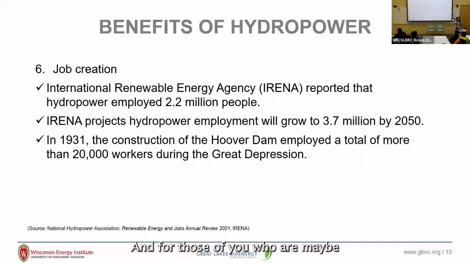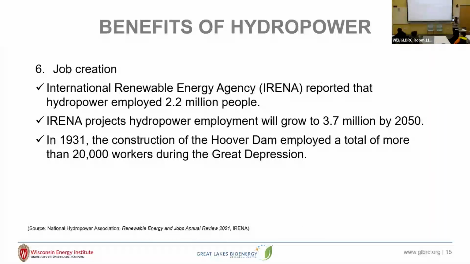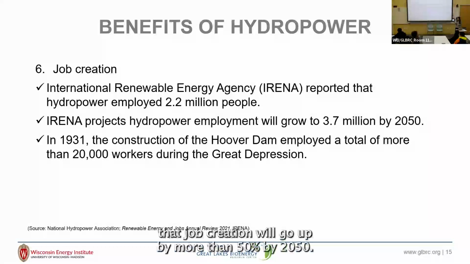For those of you who maybe want to explore what you want to do in the future, there are many different opportunities in hydropower, not just engineering. You can do many different things in this industry. And there's a projection that job creation will go up by more than 50% by 2050.